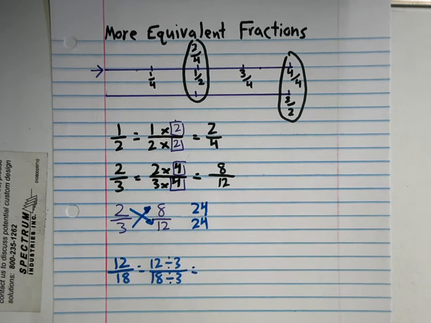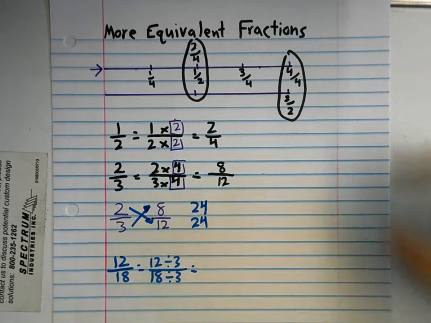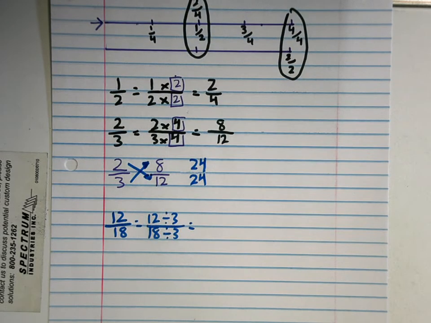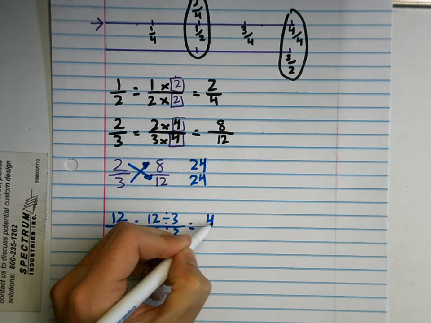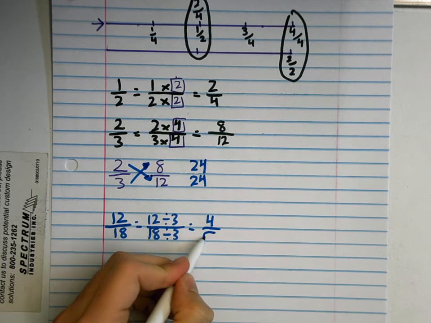Instead of multiplying both by the same, I'm going to divide both by the same. What is 12 divided by 3 equal? 4. What does 18 divided by 3 equal? 6.